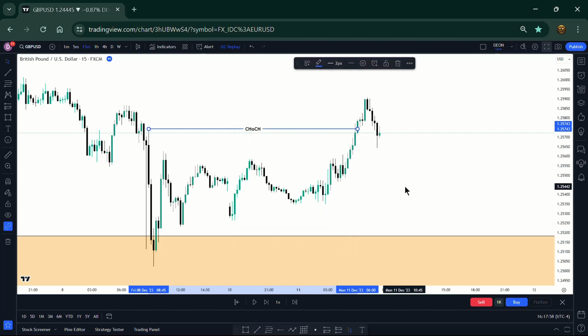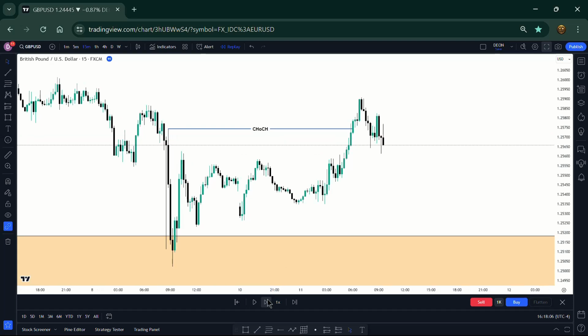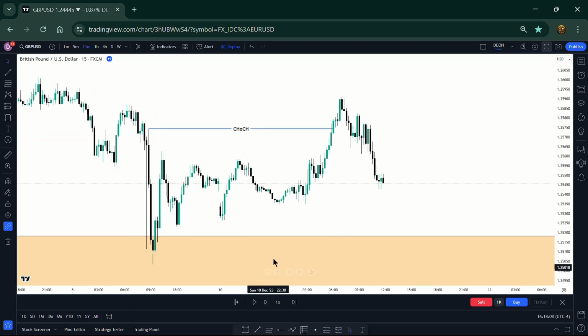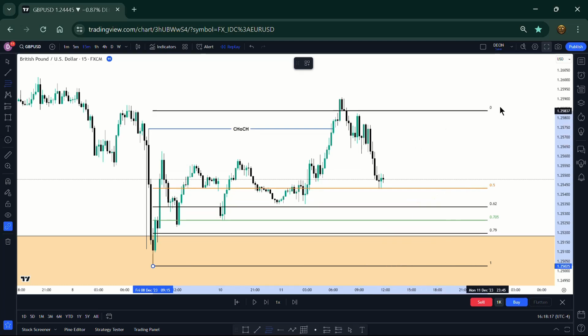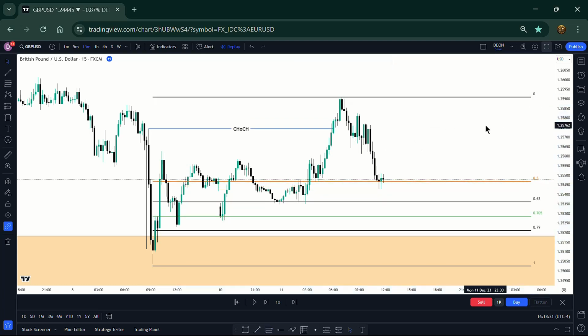And where is inducement? Looks like inducement is down here. Inducement has already been taken out. So from the Fibonacci, put it down here to the upside. Where is your first POI? Your first POI is right here. You can see this candle here.